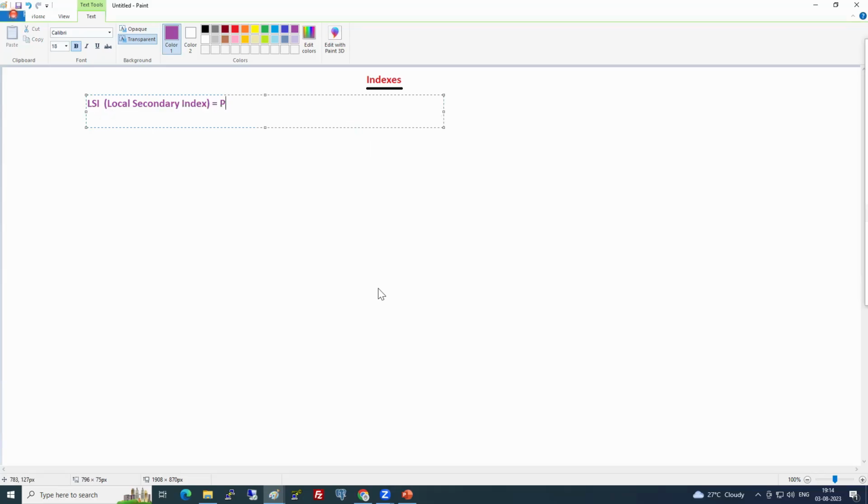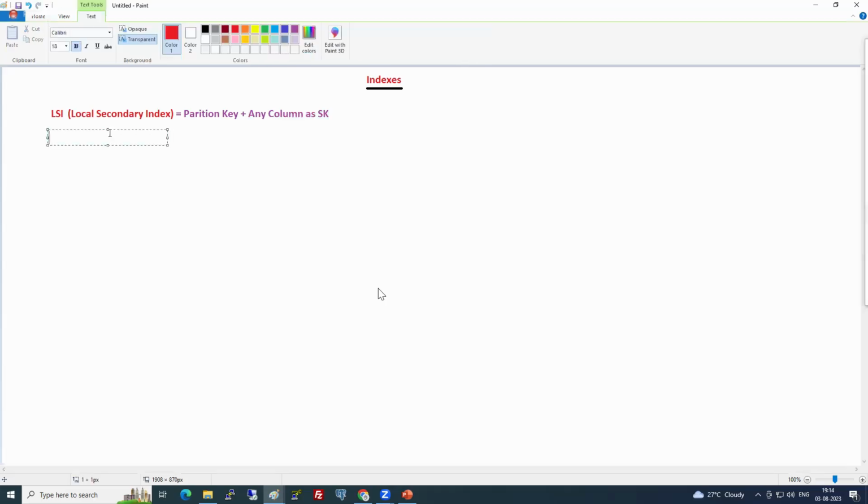For this, the combination should be the partition key plus any column as the sort key. The developer can use the partition key plus any column as a sort key. Generally we use phone number only, but in indexes you can put any column as a sort key and retrieve the data. It's up to the developer.